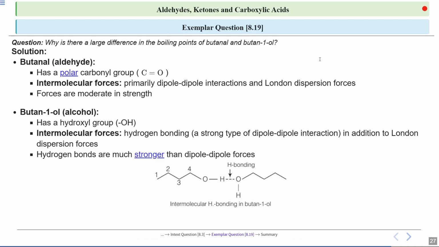If you look at this particular image, you will see the intermolecular hydrogen bonding in butane 1-ol, between the hydrogen of the OH group of one alcohol and the oxygen of the OH group of another alcohol.